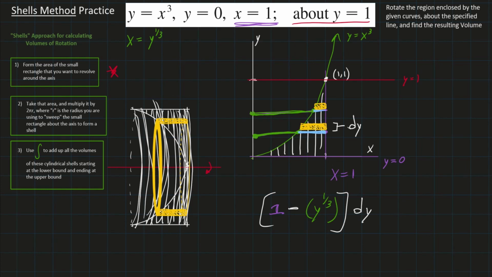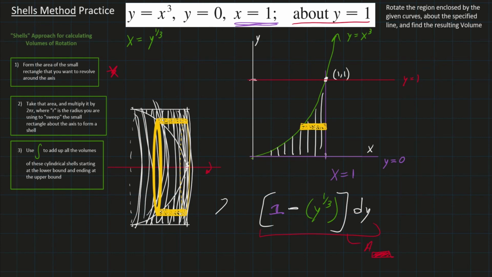My remainder of that subtraction is going to be that blue length, the length of my rectangle. So that'll do it. My equation that I've built so far is giving me the area of each one of those tiny rectangles. Now I have to times by 2 pi r, so I can rotate that rectangle around to get my shell.